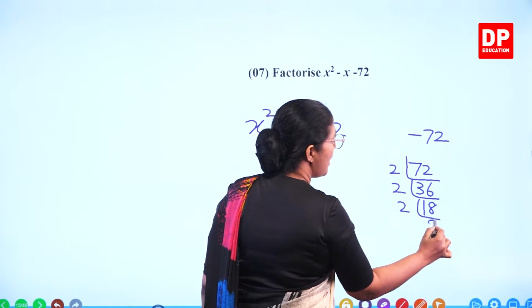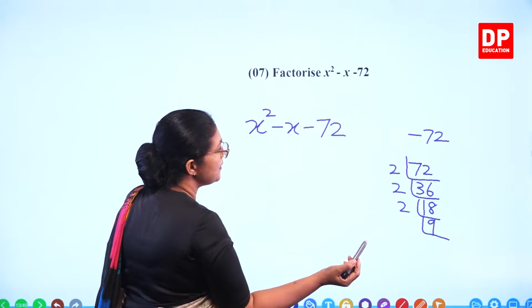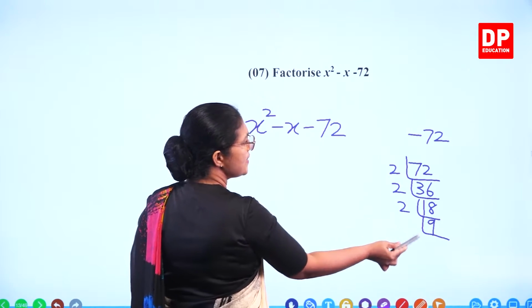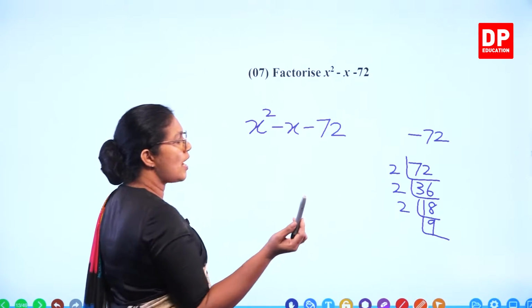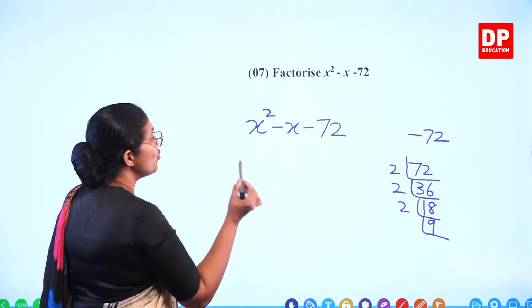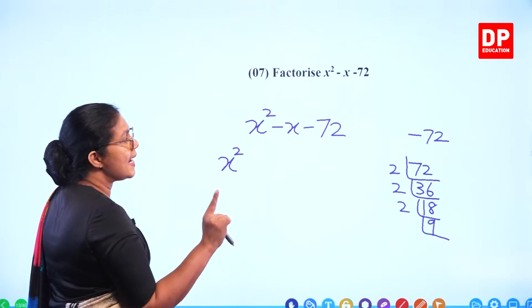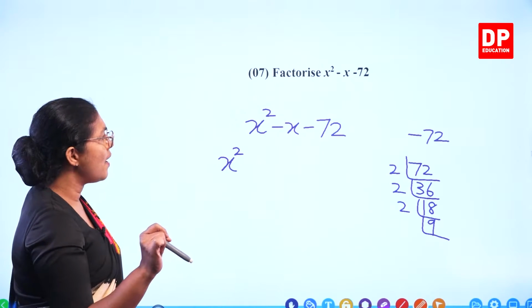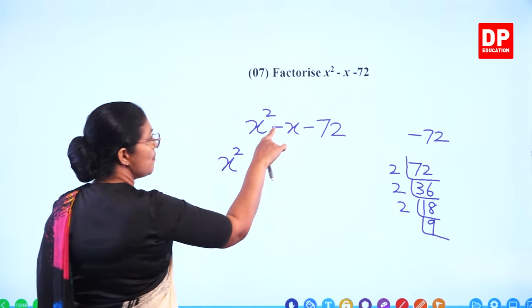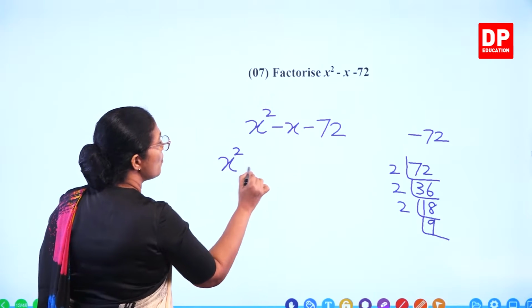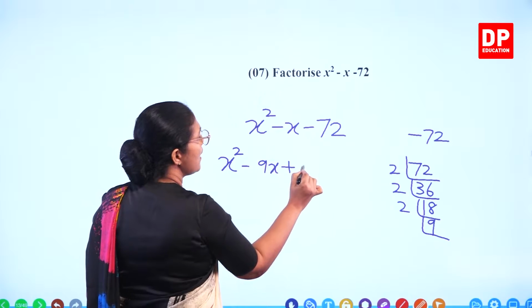Divide by 2, 9. And here we can see 8 and 9. 8 times 9 is 72. So you can split the middle term to 9x and 8x. Which one is the positive one? Bigger one should be the negative because here you get minus. So minus 9x and plus 8x.